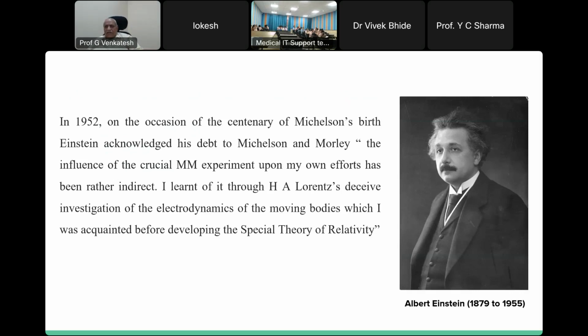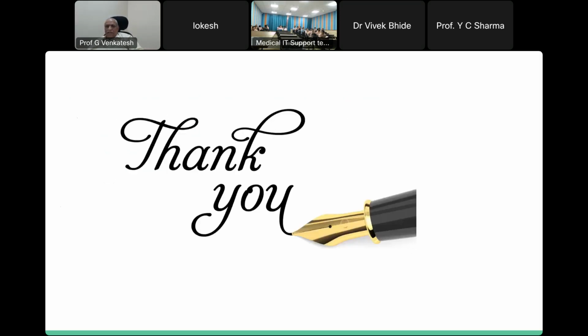I learned of it through Lorentz' decisive investigation of the electrodynamics of moving bodies, with which I was acquainted before developing the special theory of relativity. This is the importance of the Michelson-Morley experiment. Thank you.